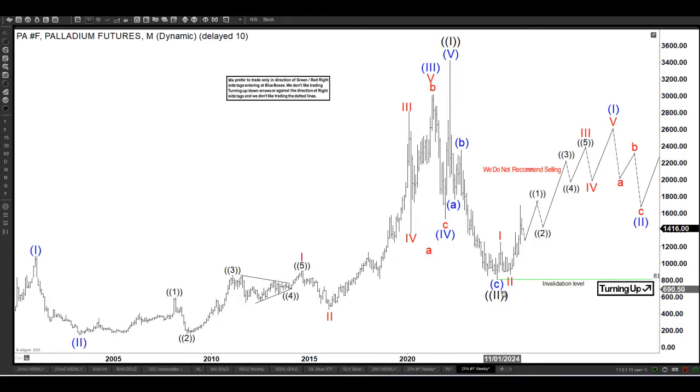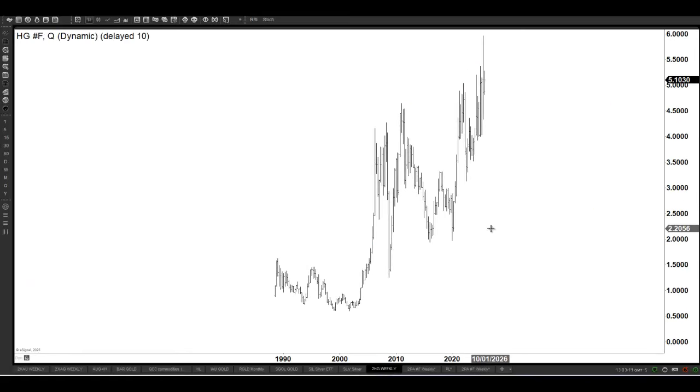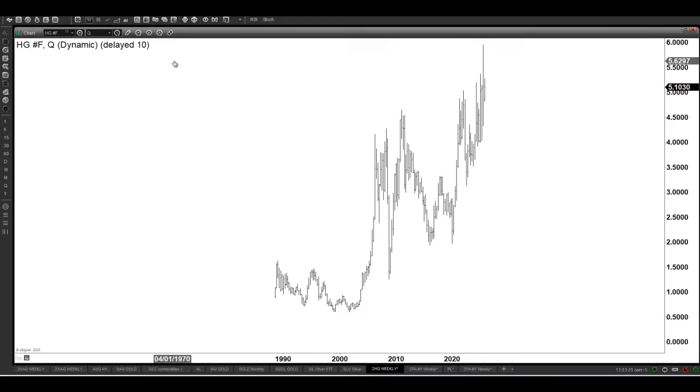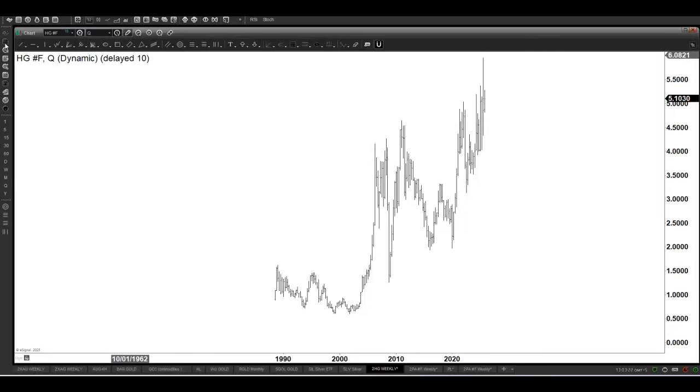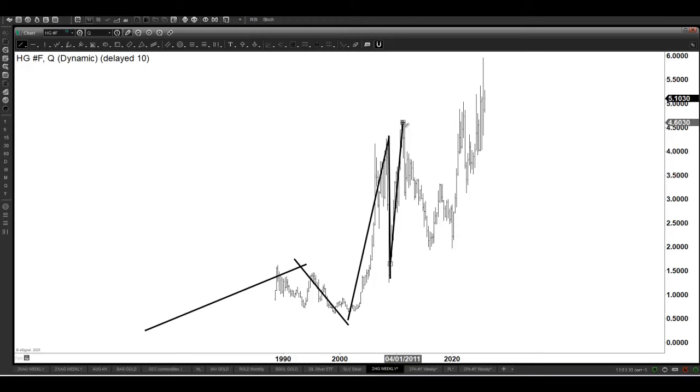Then we have copper. This is copper. The all-time lows. What do you have? The grand super cycle, 1, 2, 3, 4, and 5. This is 2011. And I want you guys to pay attention to the 2011 peak.